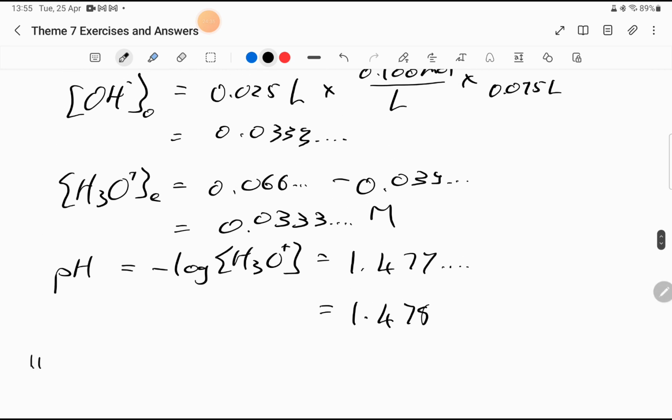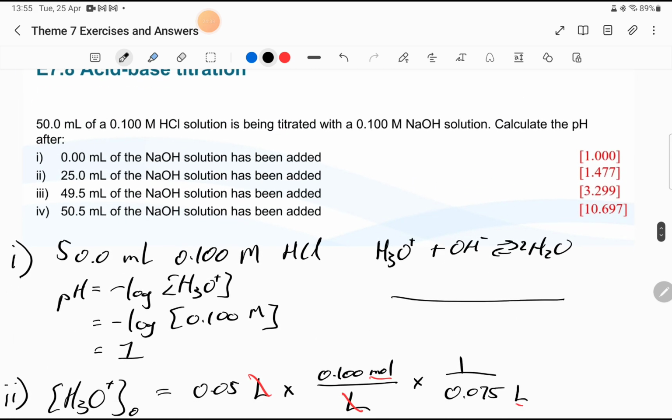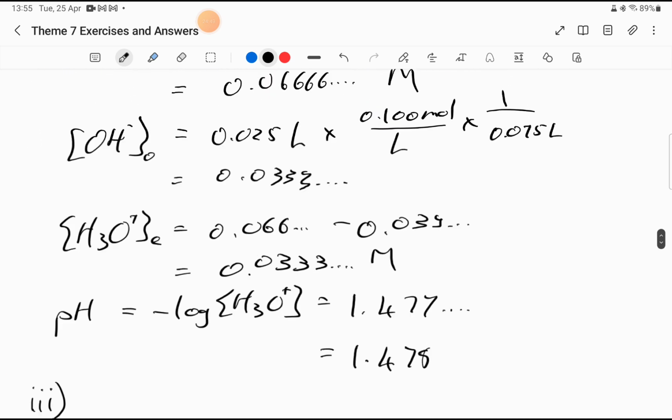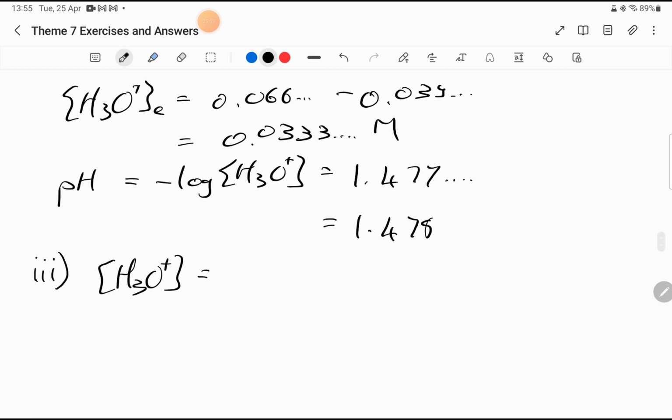Then for the third part of this, and I'm going to do this the other way and a little bit quicker, we are now adding 49.5 ml of the sodium hydroxide solution. So almost exactly the same amount that we have HCl. So that means our hydronium concentration at this stage will be our mole amount differences.